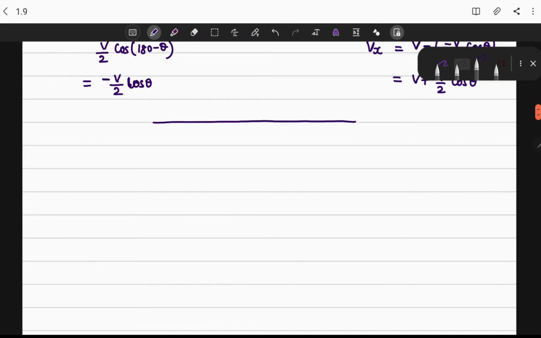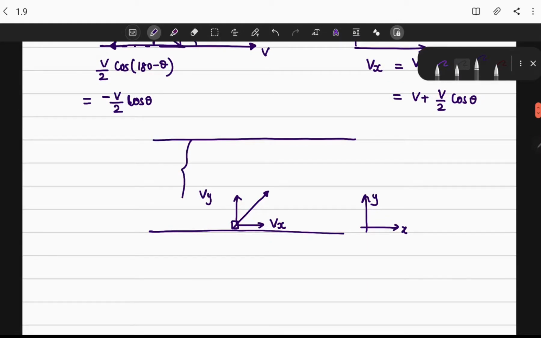As the boat is moving with velocity vx in the x direction and velocity vy in the y direction, it will have the resultant velocity in this direction. Now assume that the distance d is given, and as the ship moves in this direction, it will reach this point C, and this is the point A. This distance is the drift, which we denote as delta.